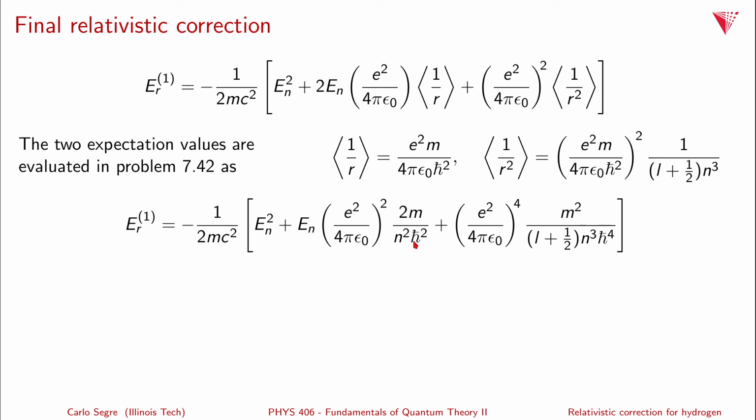So you can see how this came out here. And then the third term is e squared over 4 pi epsilon naught to the fourth power, and then we have m squared over l plus a half n cubed h bar to the fourth.